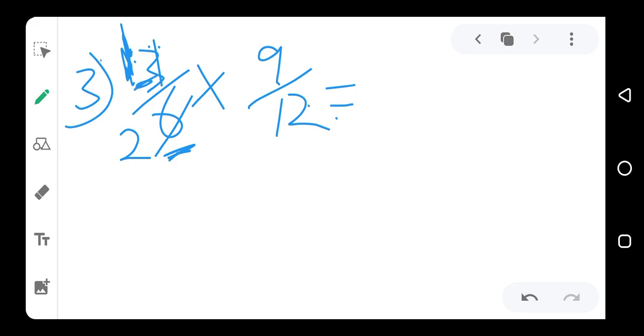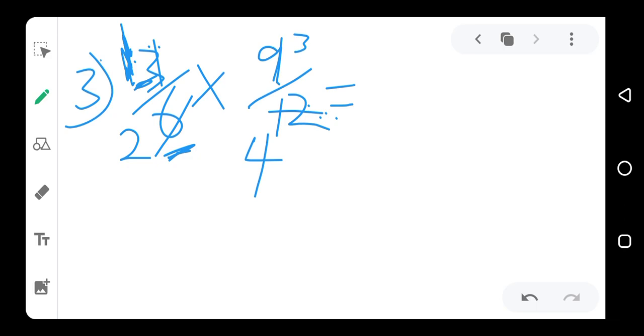Nothing. Then we come to 12 and 9. Is there anything that can divide 12 and divide 9? Yes, 3 can divide 12. And if 3 divides 12, we get 4. Then 3 can divide 9. If 3 divides 9, we get 3.